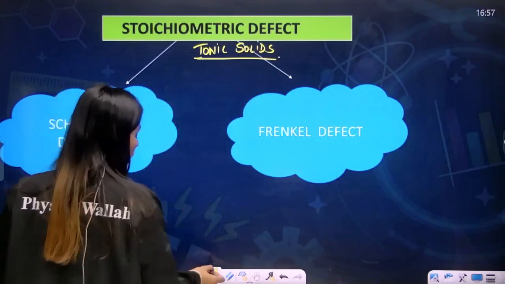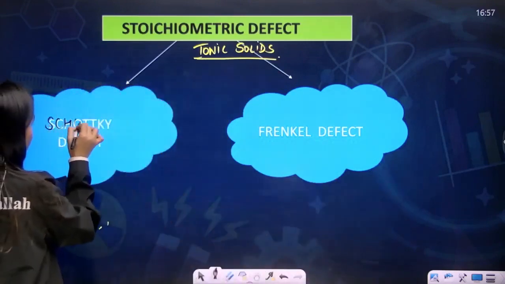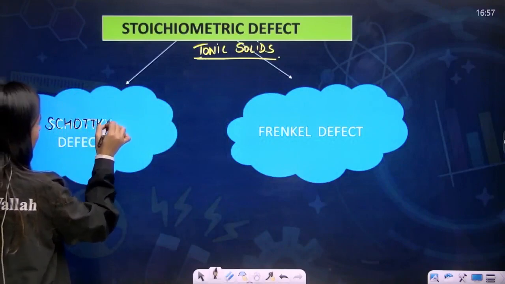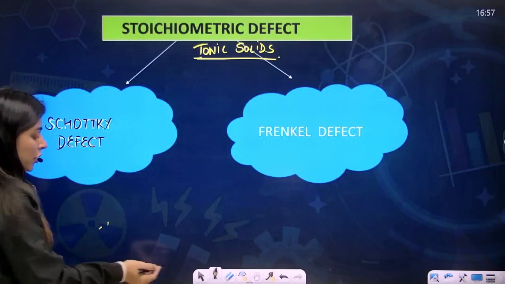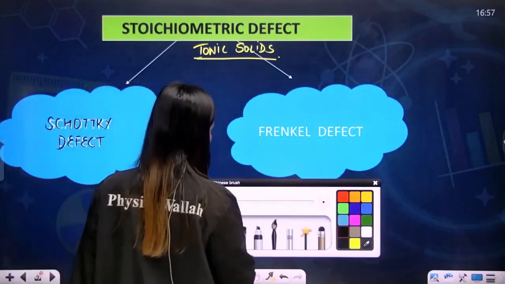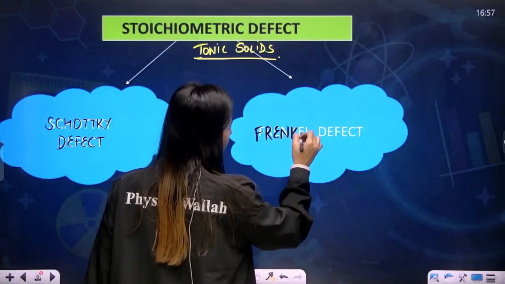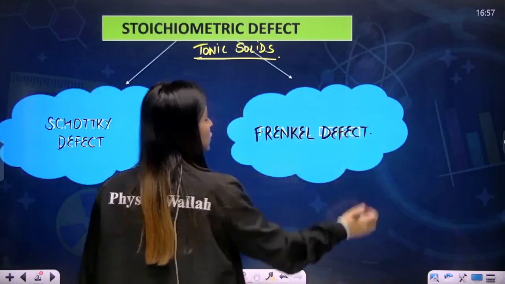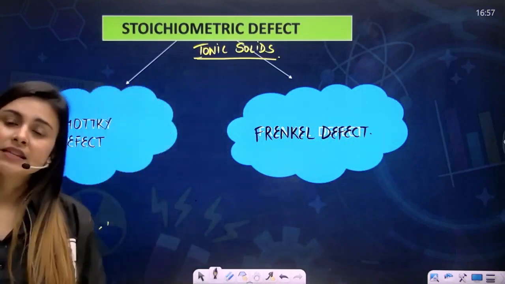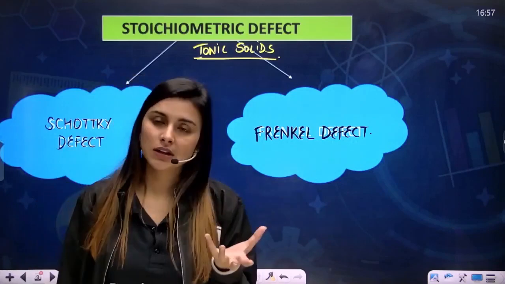You can classify the stoichiometric defects as Schottky defect, or you can classify it as Frenkel defect. These are the two types of defects that arise. I hope you're clear with this, Schottky defect or the Frenkel defect.